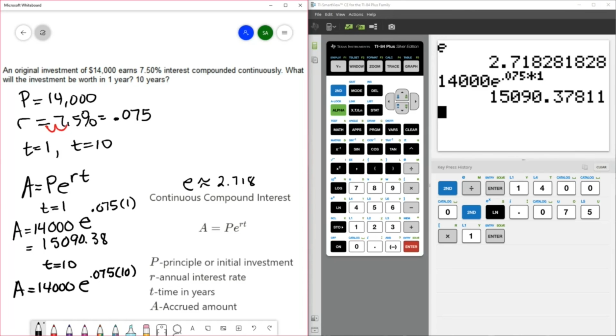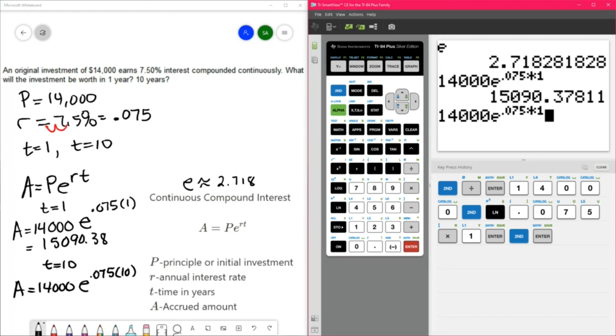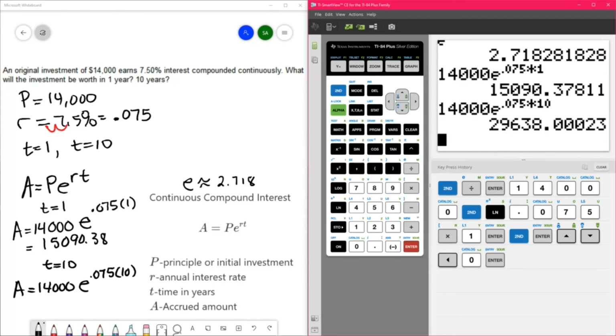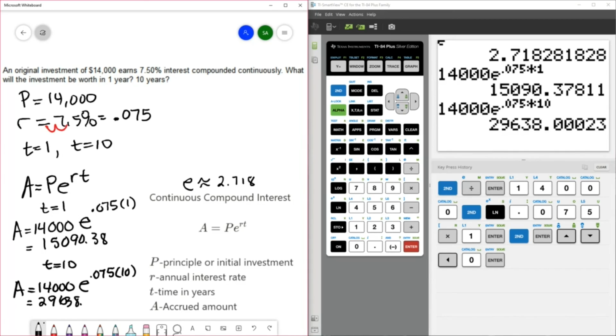I'll hit second and enter, and it'll take the previous entry that I typed, and I'm going to go in and edit that entry to change the time to 10 years. So after 10 years, an investment of $14,000 at 7.5% compounded continuously would grow to be $29,638.00.